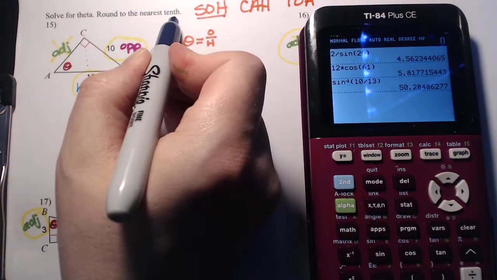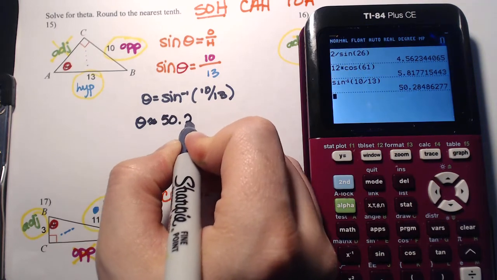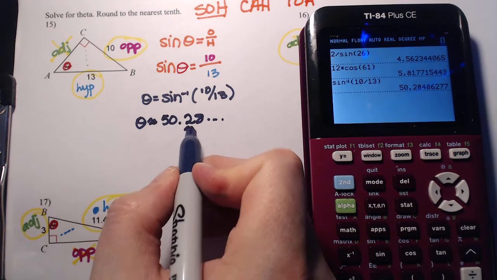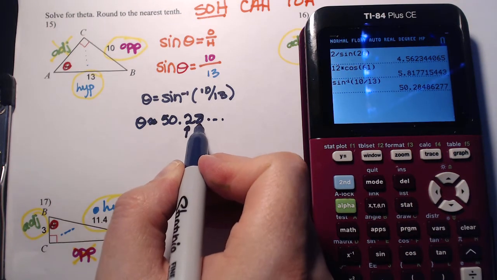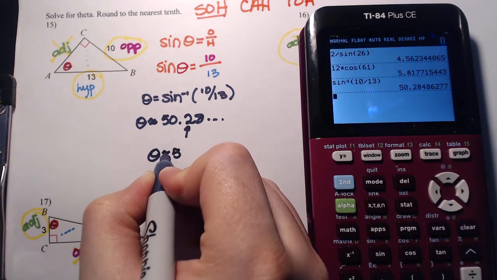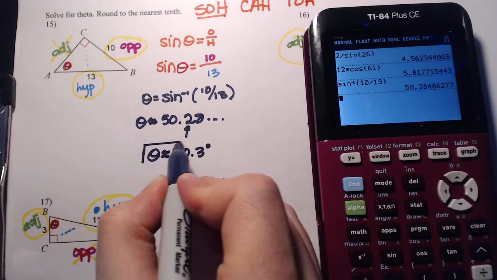And it says to round to the nearest tenth again. So 50.28 stuff. That's the tenths place. I look next to it to see if I go up or stay. So 8 is bigger than 5, so it goes up. So it's approximately 50.3 degrees.